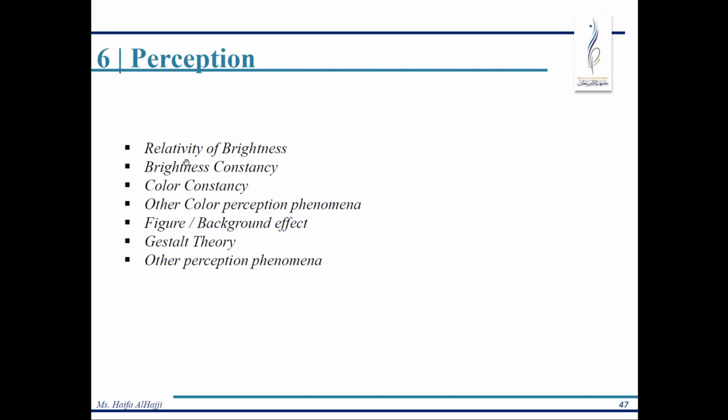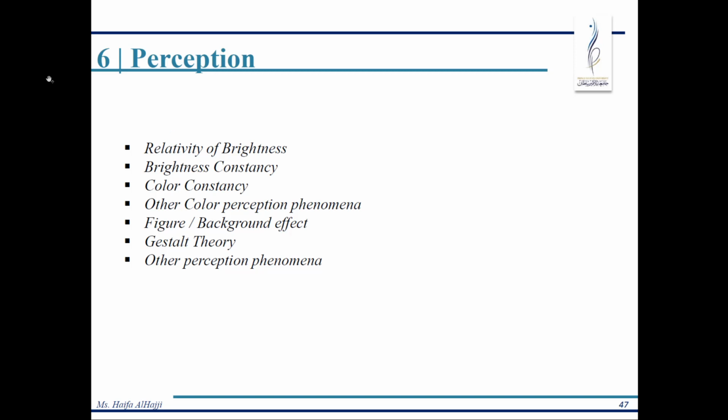The relativity of brightness, this is what we first described. We see the brightness of an object depending on the brightness of what surrounds it. Then there's something called brightness constancy, color constancy. Then we have other color perception phenomena. We have something called figure background effect, Gestalt theory, and other perception phenomena.